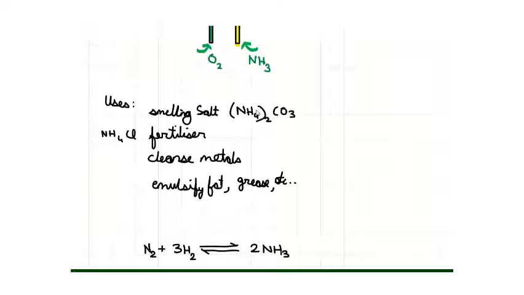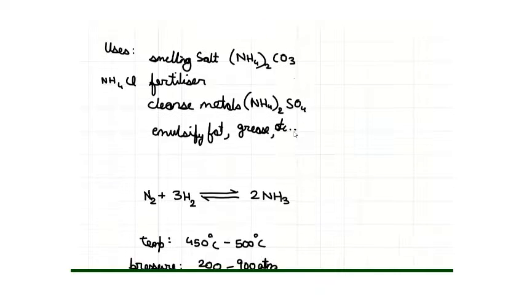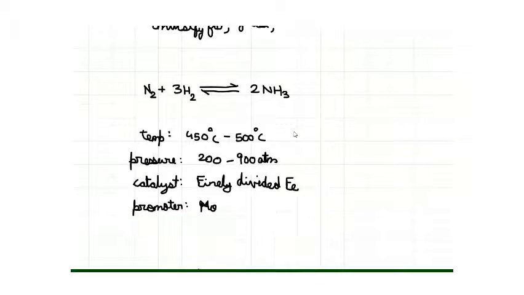It is used to cleanse metals in the form of (NH4)2SO4 or ammonium sulfate. Last but not the least, it is also used to emulsify fats, greases, or remove them, and so on in the aqueous form.